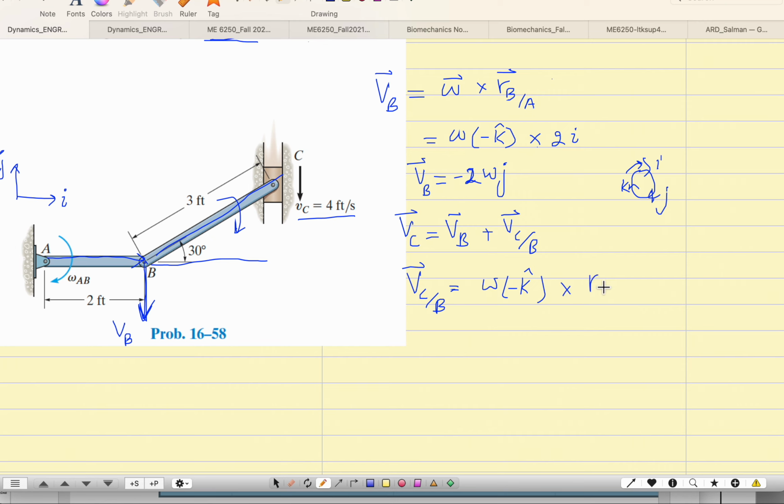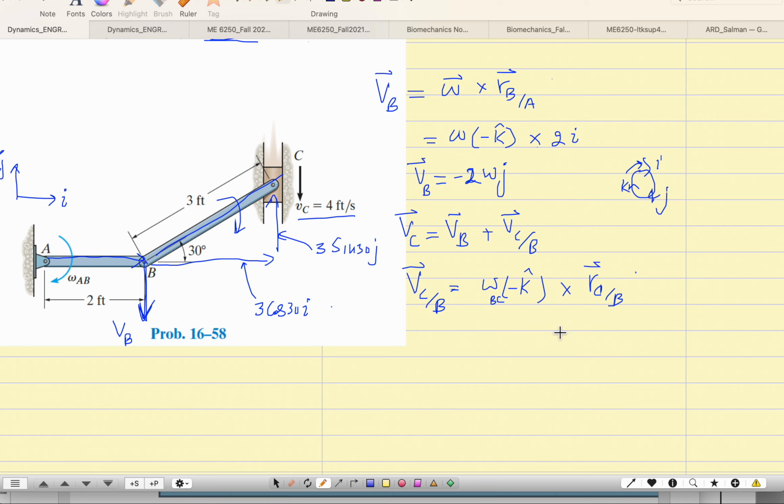Cross RC from B. This omega is for BC. Now what is RC from B? This is a vector with a horizontal component and a vertical component. So this is 3 times cosine 30 i, and 3 times sine 30 j.